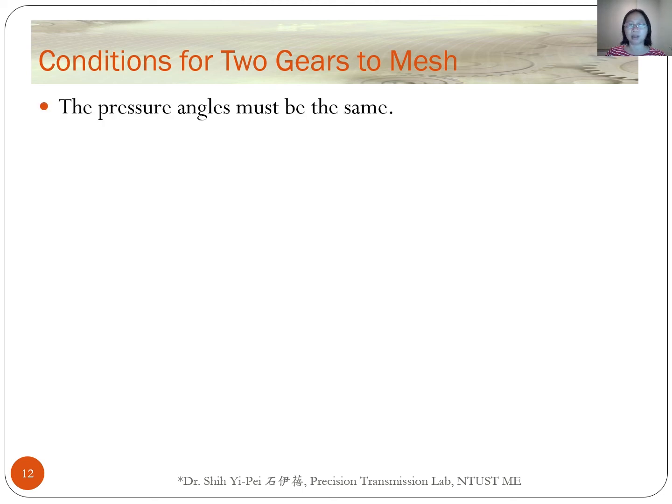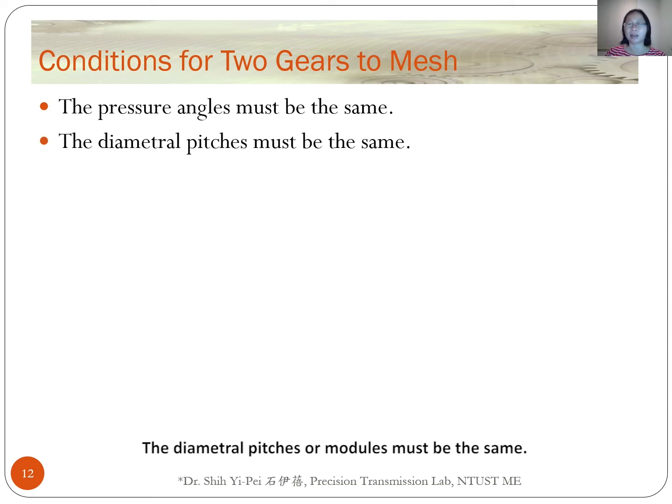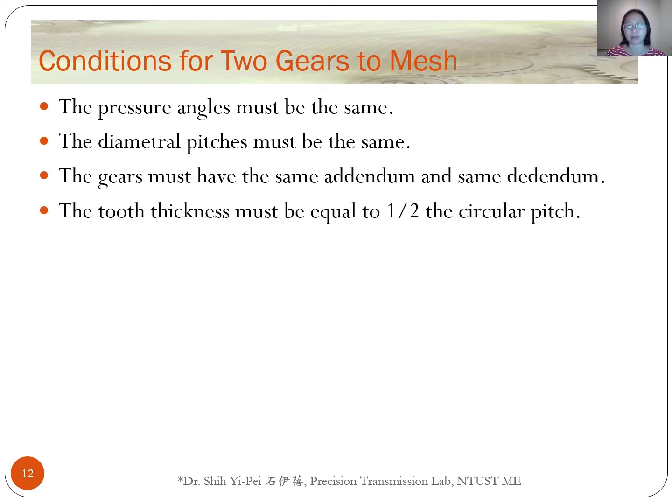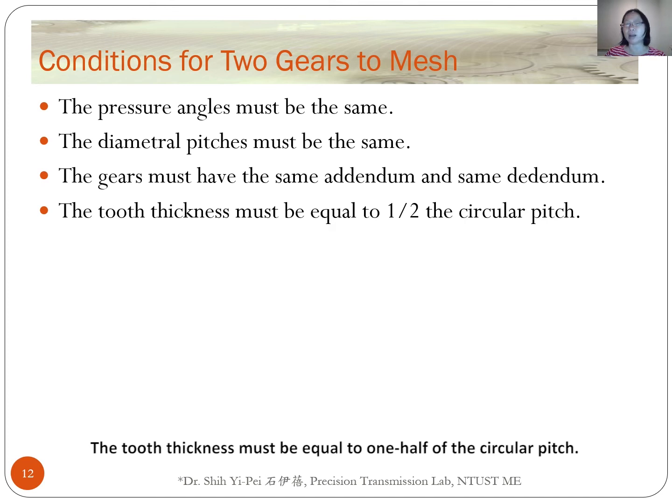The pressure angles must be the same. The diametral pitches or modules must be the same. The gears must have the same addendum and the same dedendum. The tooth thickness must be equal to one half of the circular pitch.